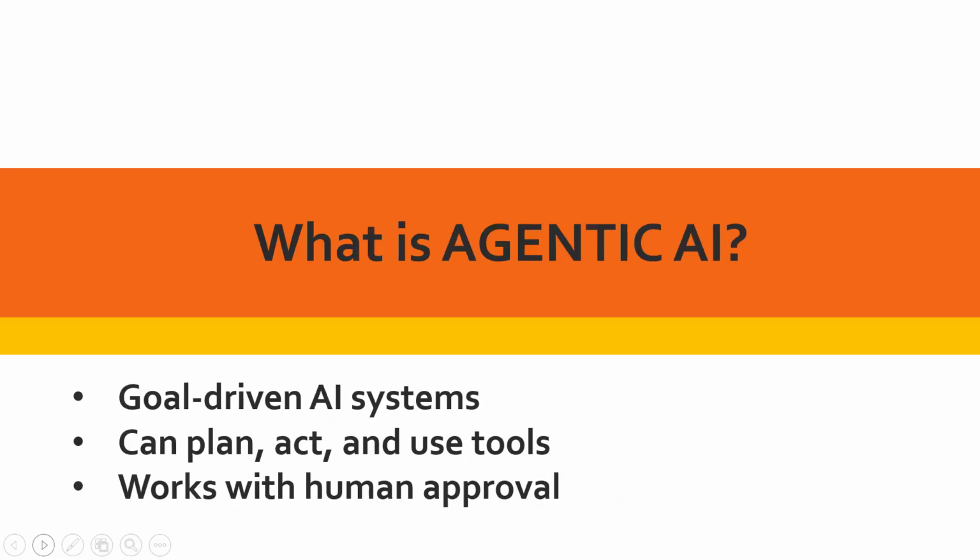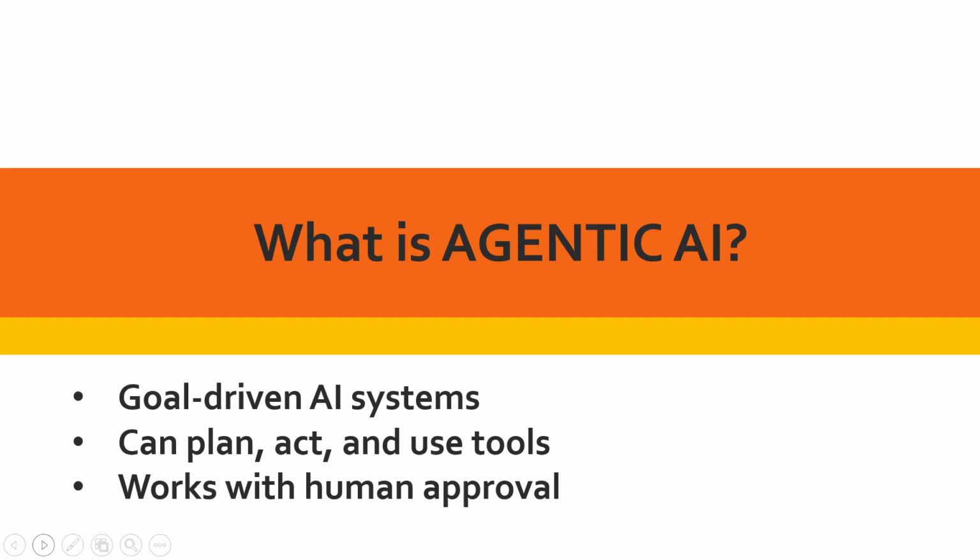Agentic AI refers to goal driven AI systems that can reason through a task, decide on next steps, and use tools or data sources to move toward and create the outcome. Unlike chatbots, these systems are designed to act, not just to respond.